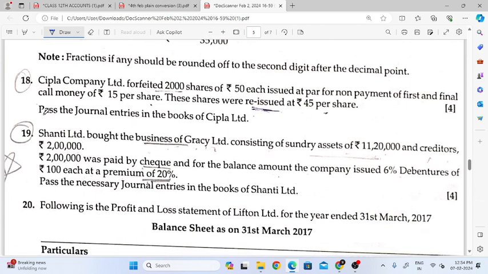Then next is Cipla Company Limited. Forfeited 2000 shares of rupees 50 each, issued at par for non-payment of first and final call money of rupees 15 per share, and these shares were reissued at rupees 45 per share. Then they have told us to pass the journal entries in the books of Cipla Limited.